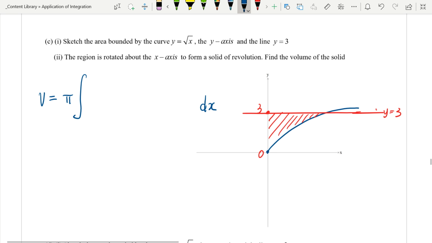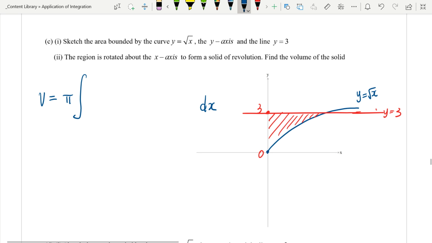We look from the side. Okay, so we look at the paper like this. The x-axis is in front of me, horizontal. Can you describe to me how you can form this area? Can we describe that area between the two lines? Yeah, so y equals 3 and y equals root x.